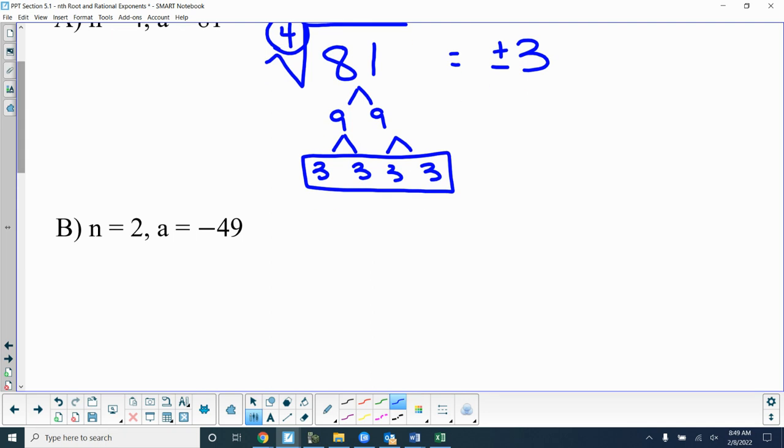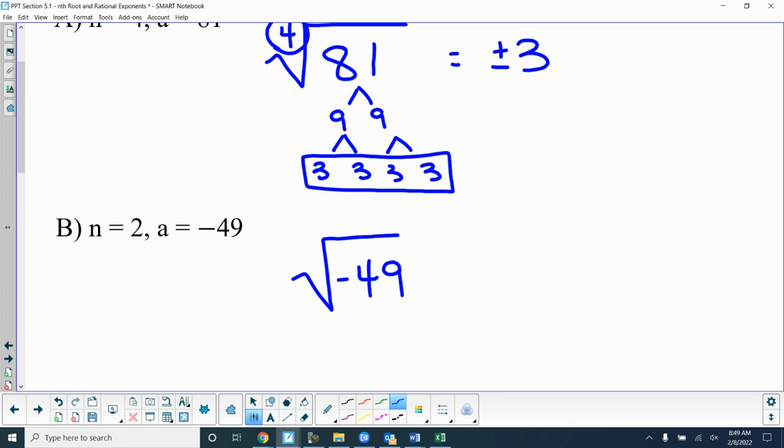This one, I'm looking for the square root of negative 49, right? Are there any real roots? Real roots? No. In the past, we're saying what's that answer? 7i, right? That's a non-real, that's an imaginary root.